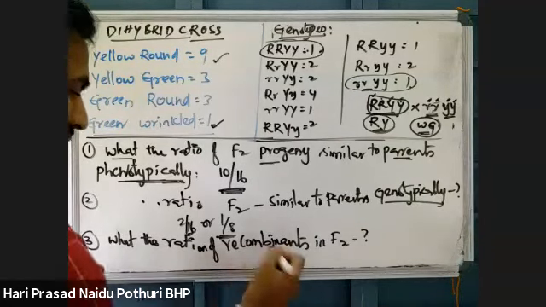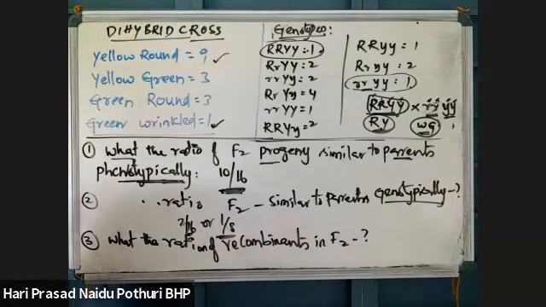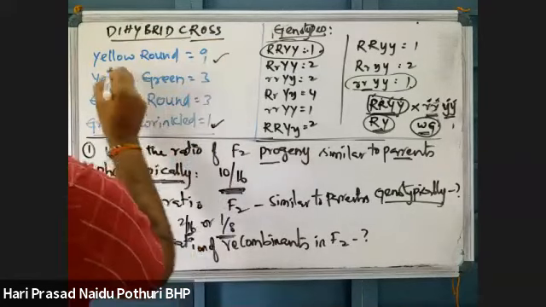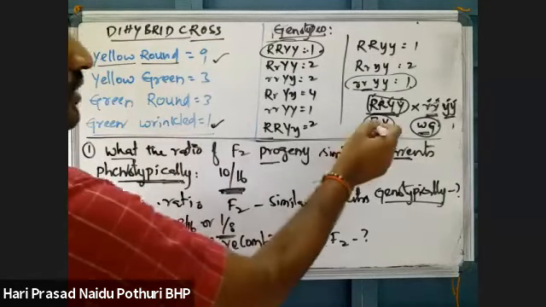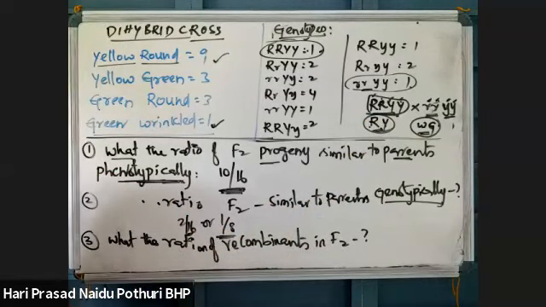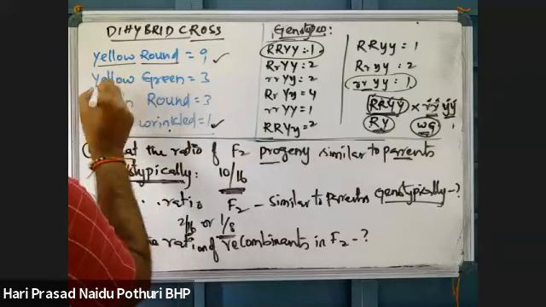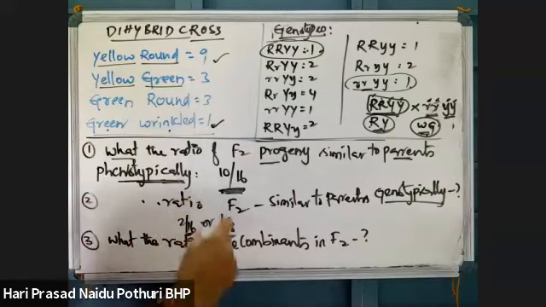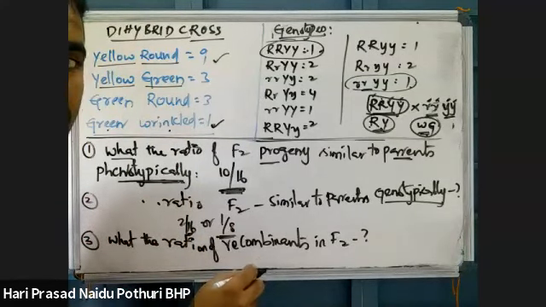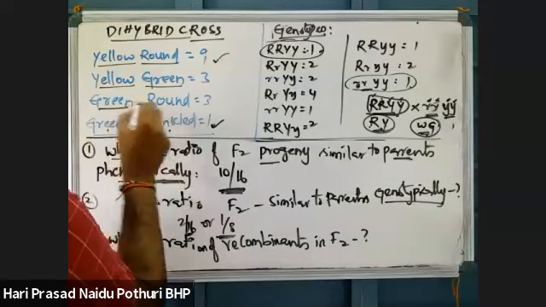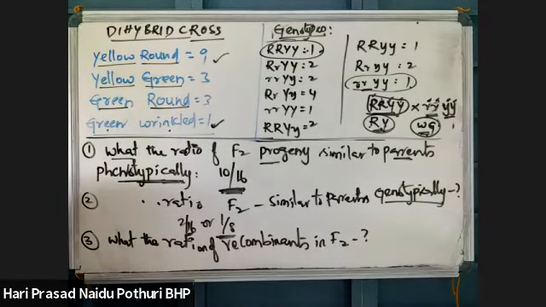Okay, what is the ratio of recombinants? What is the recombinant? Round yellow is a parental combination. Wrinkled green is a parental combination. But yellow wrinkled is a non-parental combination, and green round is a non-parental combination.